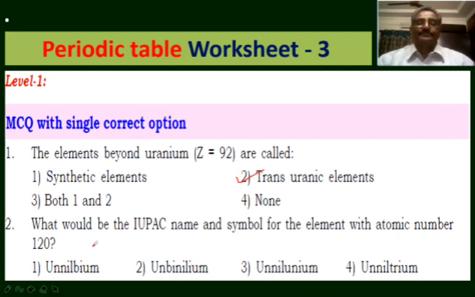Second question. What would be the IUPAC name and symbol for the element with atomic number 120? According to IUPAC nomenclature, the naming is given by adding the digits of the atomic number, which contains 3 digits.